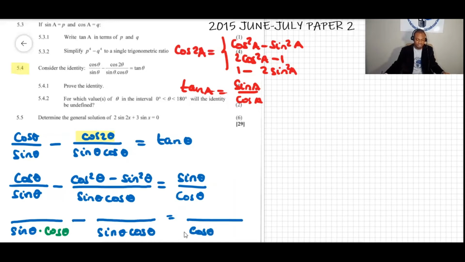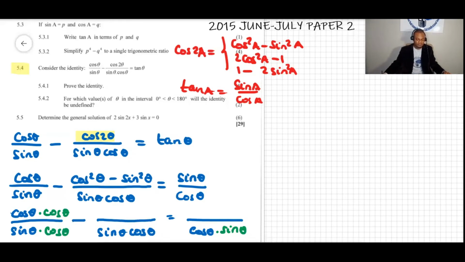Now I need to multiply by sin theta to make a common denominator. But remember, when we multiply the denominator by a certain quantity, we need to do so for the numerator to keep the fraction balanced. Because we had cos theta, we must multiply that cos theta by another cos theta here. The same cos theta we multiply the denominator by, we must multiply the numerator by also.